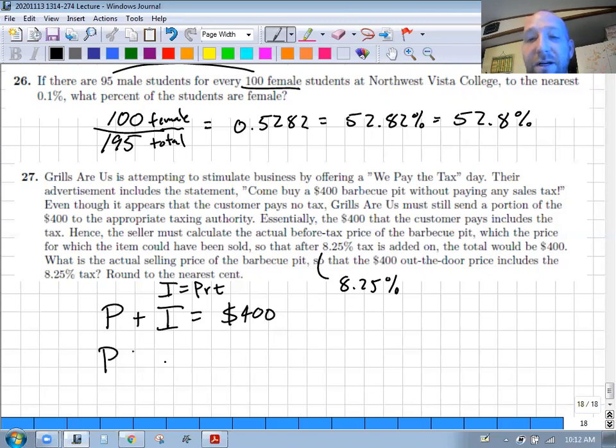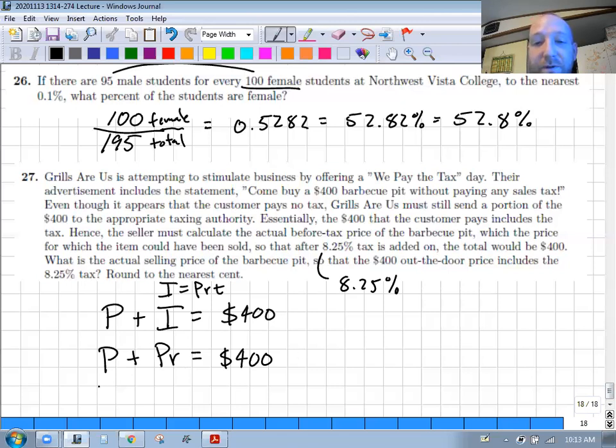So we got the price and the interest, PRT. Here, the time is just once, right? It's simple interest. So the price times the rate would be the interest here, right?